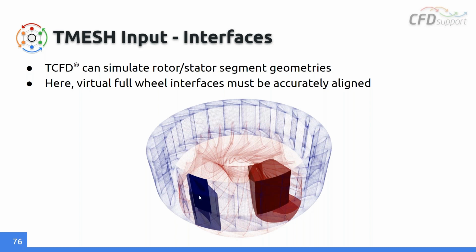There is no difference if you place the stator versus the rotor part in different relative positions, because after applying the so-called mixing plane approach, these differences are neglected. So in our case, where we have only one segment of the full stator wheel and rotor wheel, we need just the segment, and the virtual full wheel interface has to be aligned.